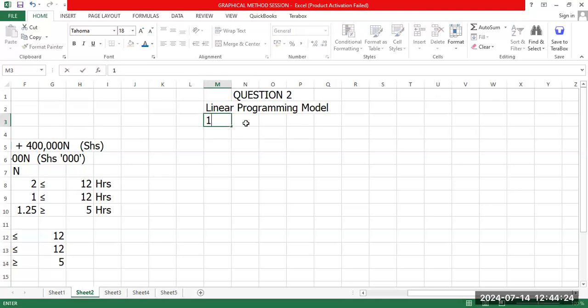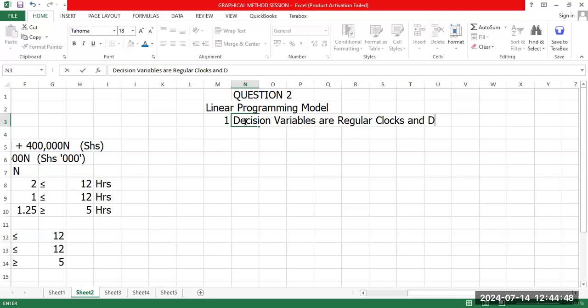We said number 1, our decision variables are regular clocks and derivative clocks.